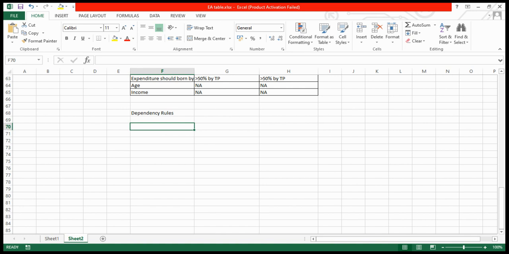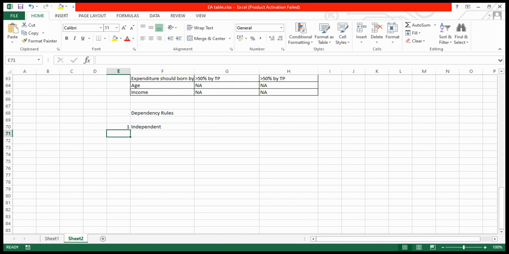So the first condition: to be claimed as a dependent, you should not be an independent. Independent, what does that mean? That means you should not file any return as an independent, in the previous returns or the current returns.